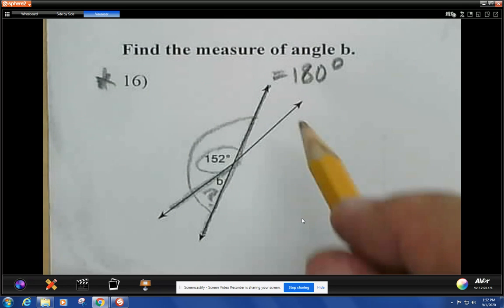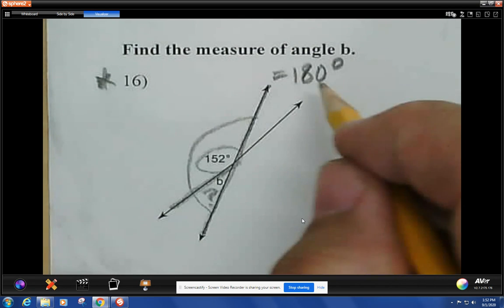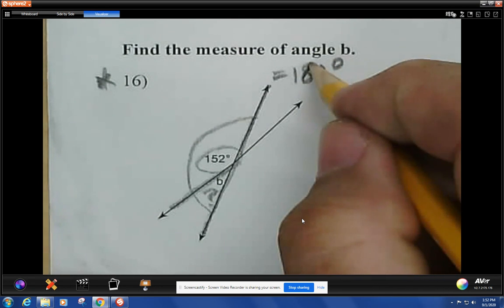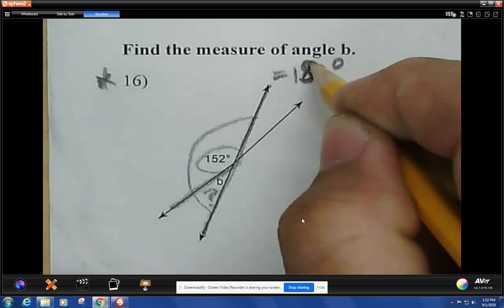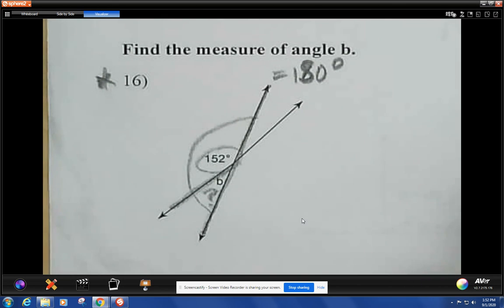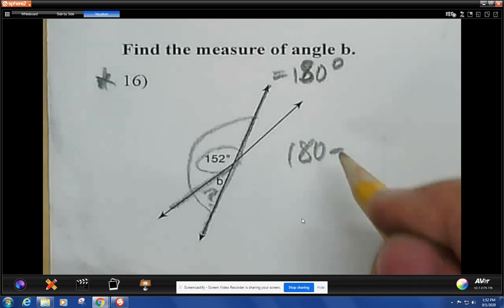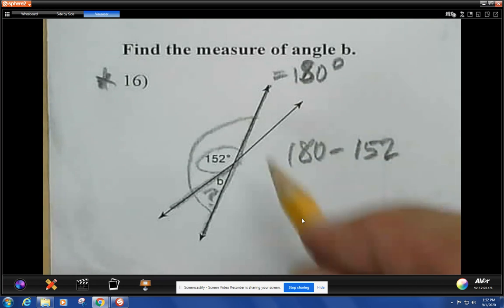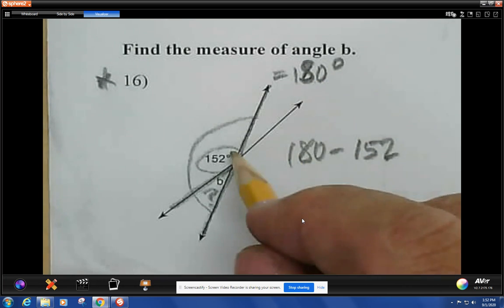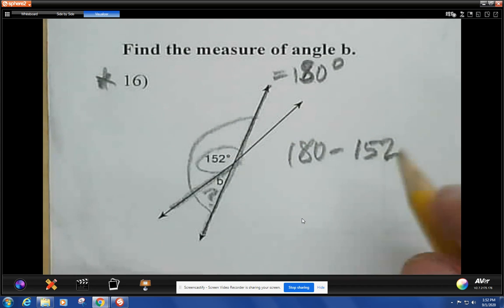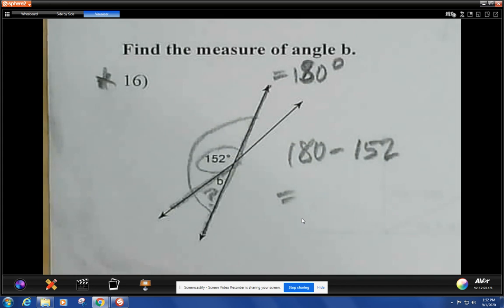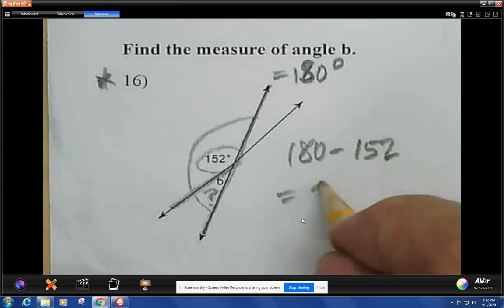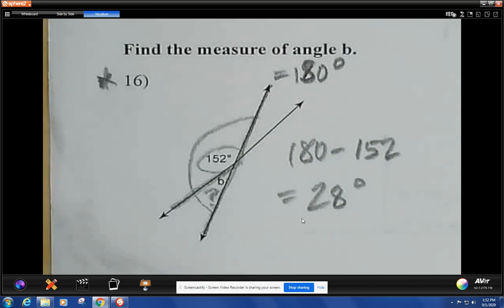Again, these are supplementary angles. Supplementary angles, if you look in this 180, you can see an S right there. So 180 minus 152, the total, subtract this part, will give me the other part. So 180 minus 152 equals 28 degrees.